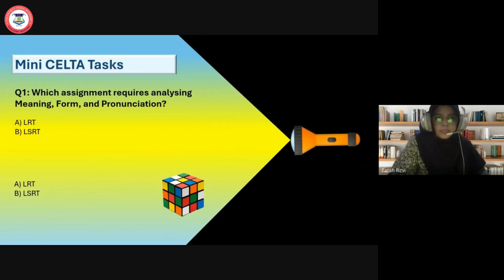One more mini CELTA task. Which assignment requires analyzing meaning, form, and pronunciation? Language related tasks or language skill related tasks? Which assignment talks about meaning, form, and pronunciation?